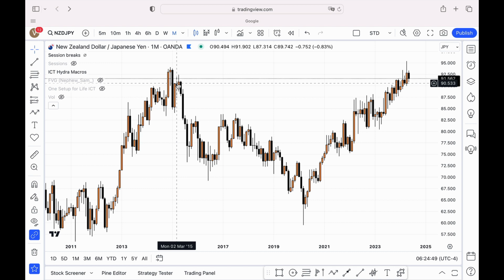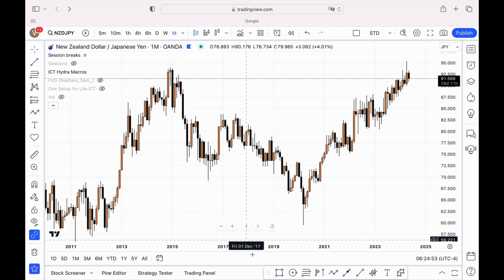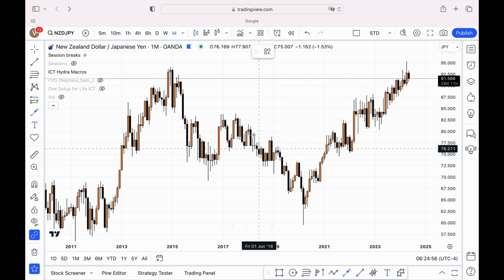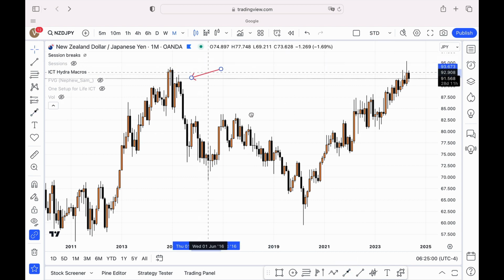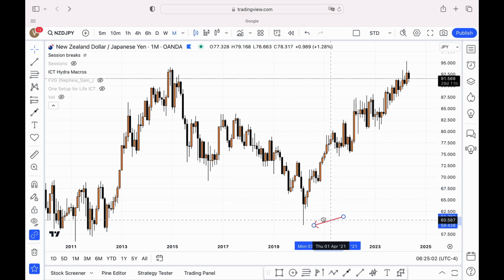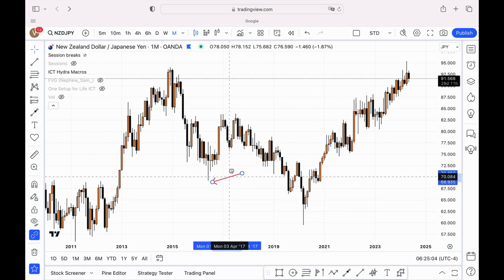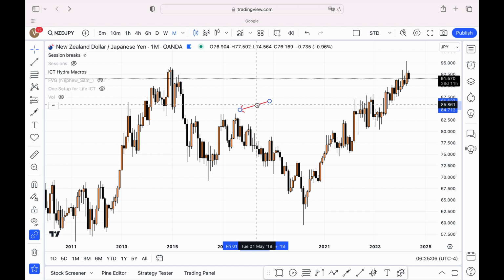Let's talk about how we can actually find it. In this example, we've got a swing high right here and a swing low right here. A swing low right here, and a swing high right here.